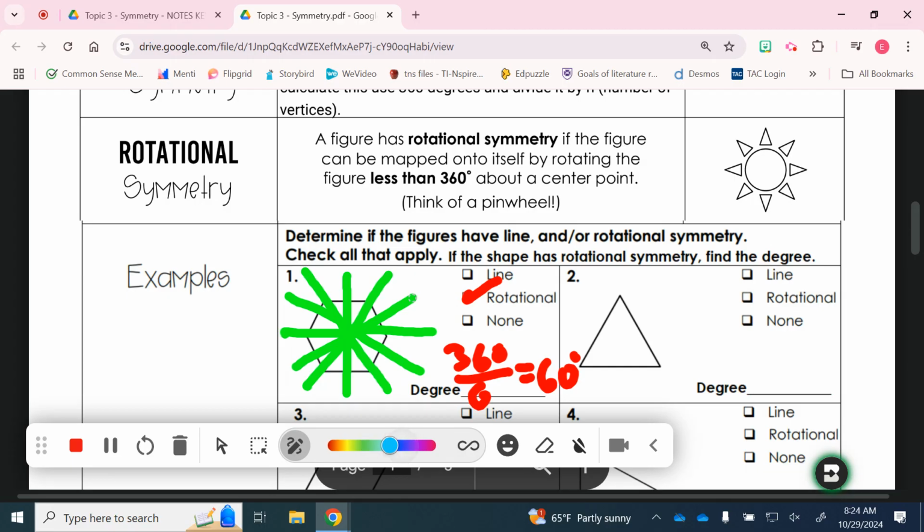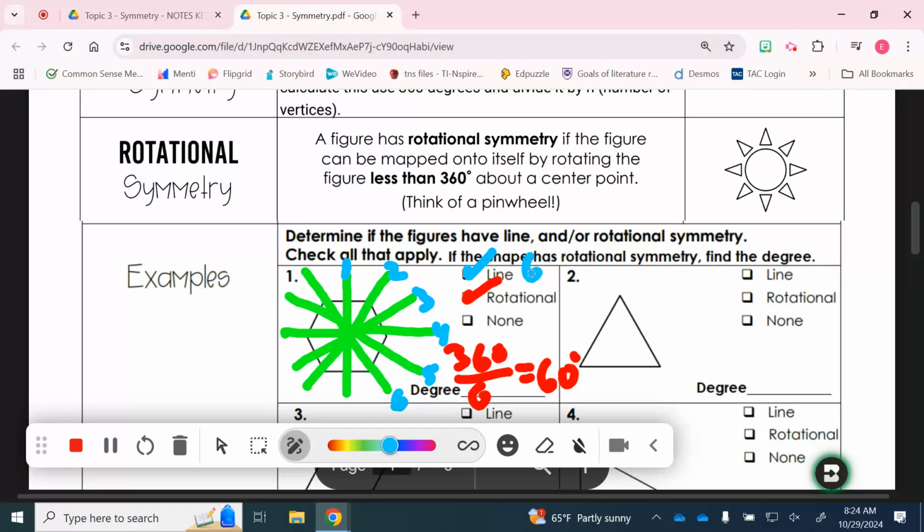So here's my recommendation: I would just label these lines 1, 2, 3, 4, 5, and 6. Once we hit where we already marked, we know we don't have to worry about that. So this has line symmetry, and it actually has a total of 6 lines.